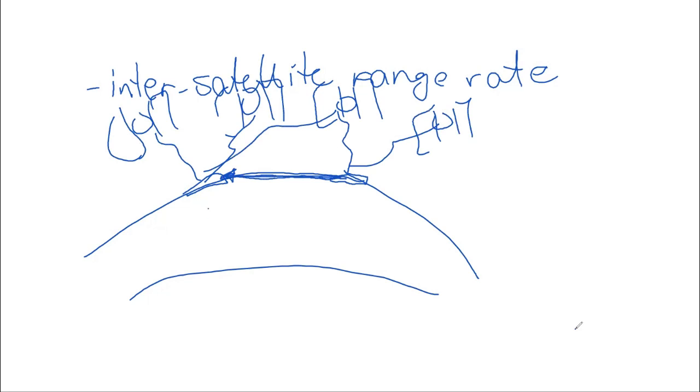Let me consider this satellite 1, satellite 2, it doesn't matter which one. This is the distance between them. Then I show it by rho bar.